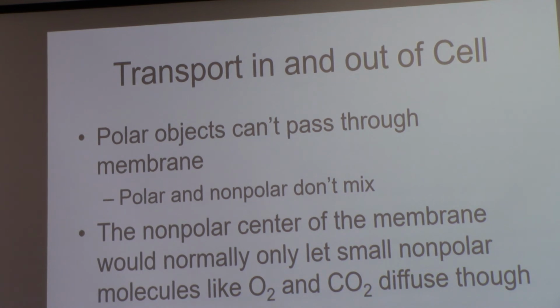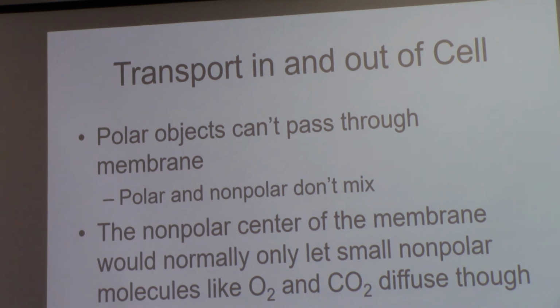Most things in our body are soluble in water, and they're polar. The problem is, this is good and bad. The phospholipid bilayer, because of the nonpolar parts, will not let polar objects through the membrane. So polar molecules will hit the phospholipid membrane, essentially bounce off, and stay on one side. The nonpolar center prohibits that from happening.